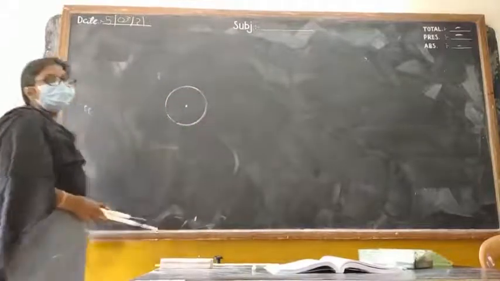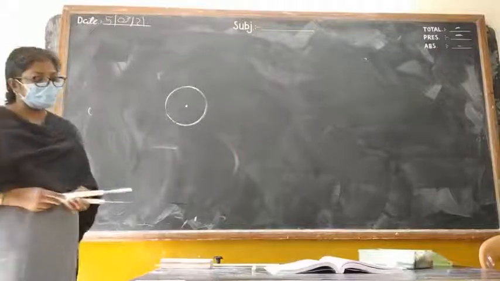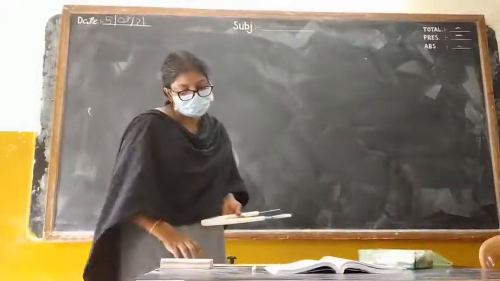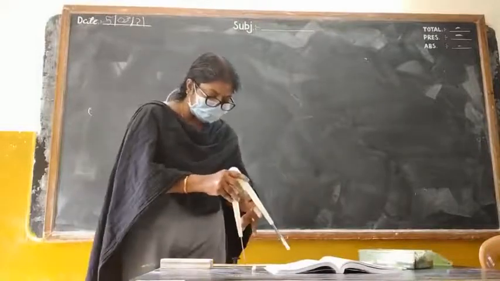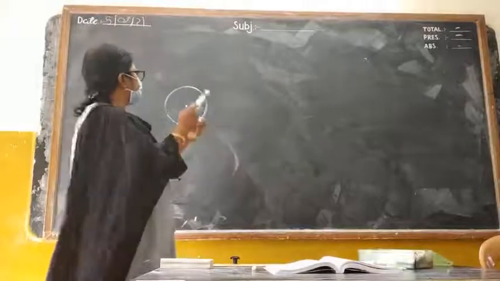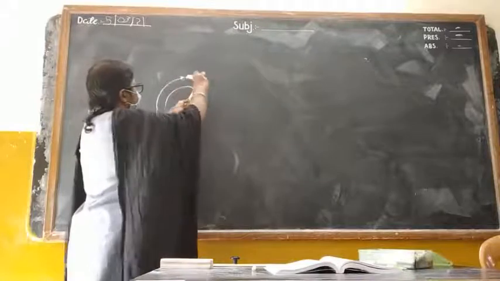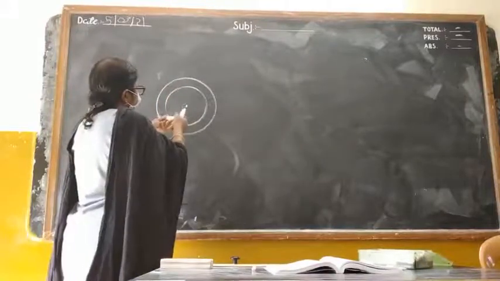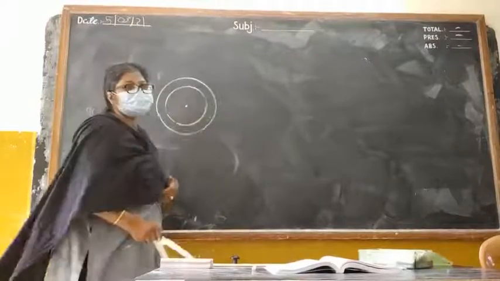First circle we have drawn. Okay. Next 6 centimeter. And it is a concentric circle. That means center will be same. 6 centimeter you take in the compass. Draw that circle also.